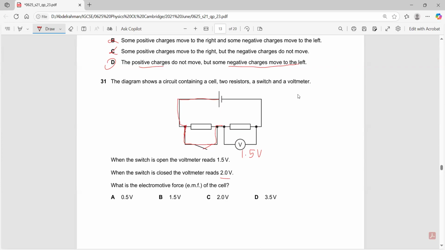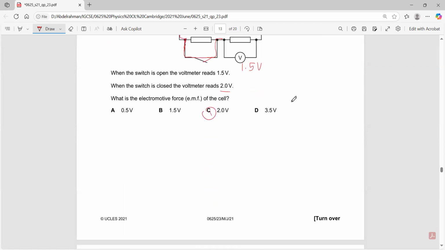And then all of the EMF of the battery is automatically transferred to this resistor alone, making it 2 volts, and therefore the EMF of the battery is 2 volts. Okay, because of the short circuit.